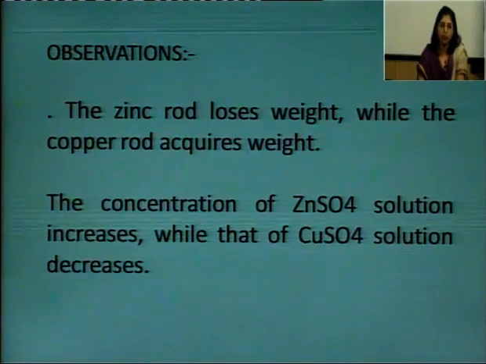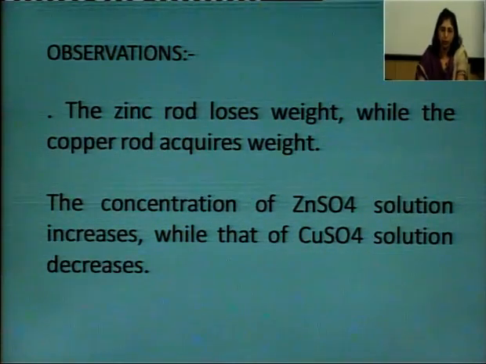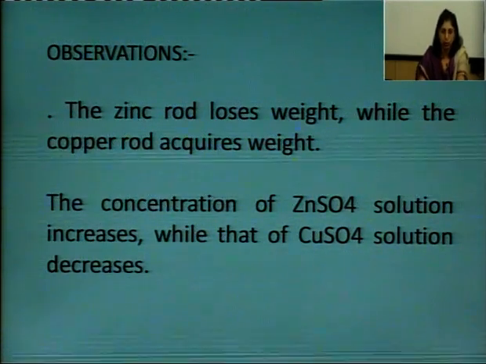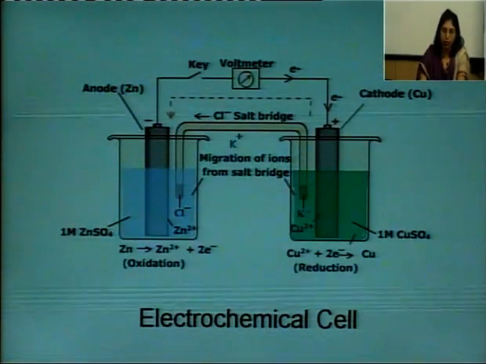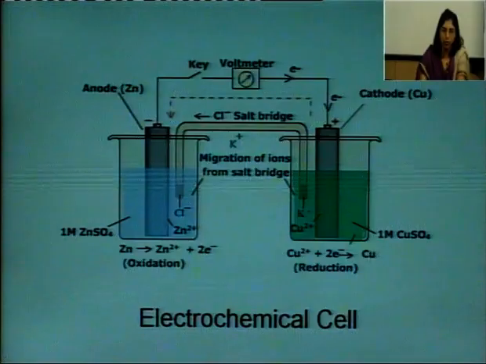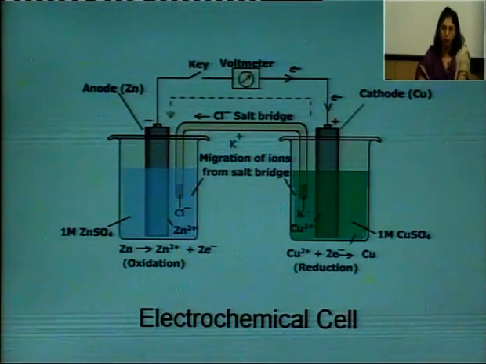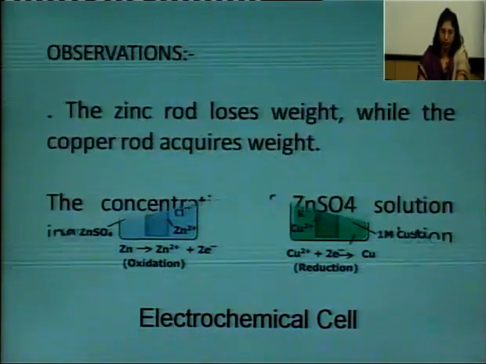In the second observation, the concentration of zinc sulfate solution increases while that of copper sulfate solution decreases. The concentration of zinc sulfate solution in the first beaker increases while that of copper sulfate solution in the second beaker decreases.